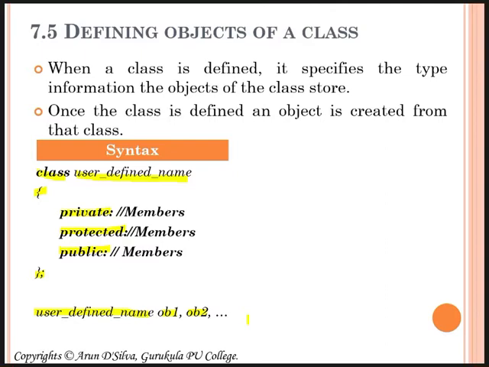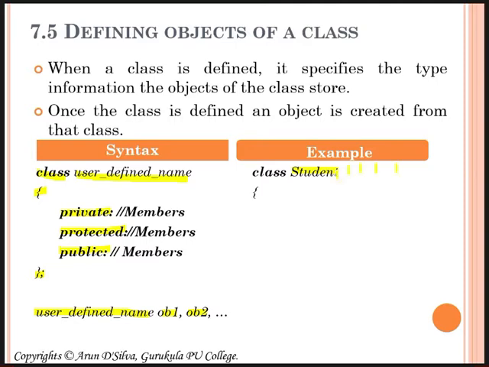Let me make it clearer by giving you a simple example. Here I've created a class of type student, which is a user defined name. I opened the class and used the private access specifier, and created two member data: roll number of integer type and name of character type with 20 character size.